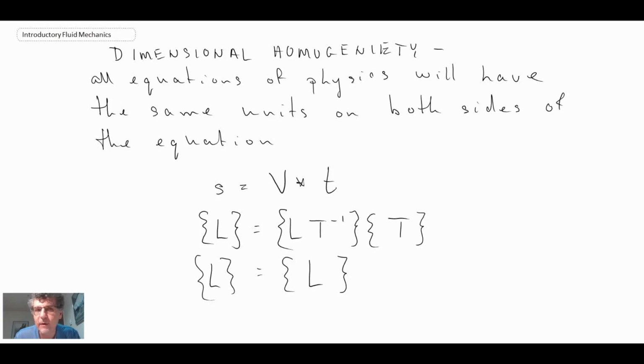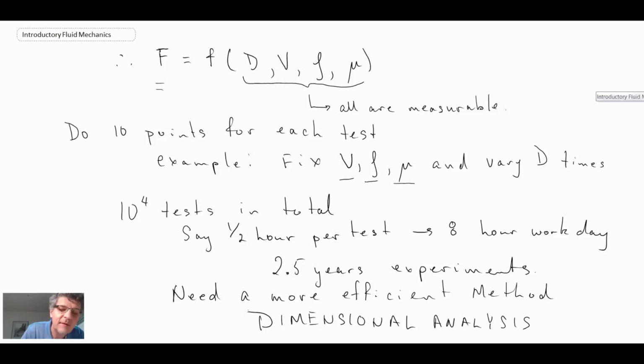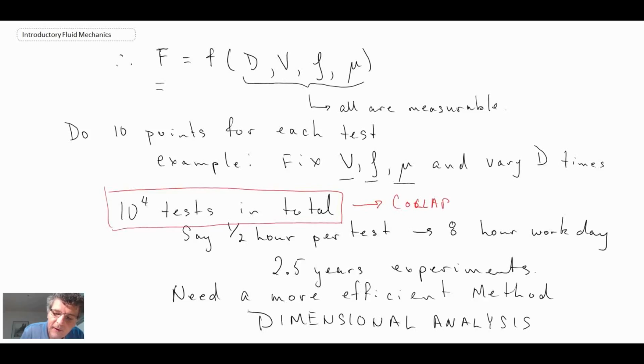Essentially what we're doing is taking a bunch of data. So instead of taking, like we showed in this example, 10 to the 4 tests and all these data points, you do fewer experiments, but you collapse your data onto curves that have your non-dimensional variables. We'll use pi as the variables, but by collapsing, all of your data points would then fall into some relation.